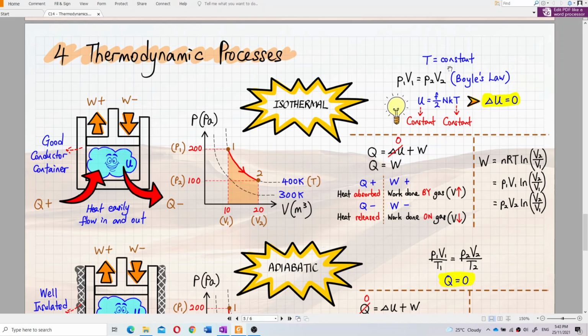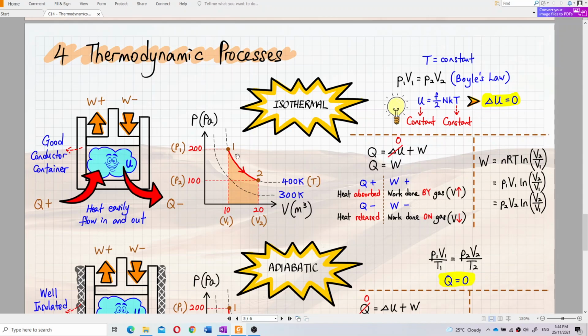So when temperature is constant, only the pressure and volume change. We have P1, V1, P2, V2. We can use Boyle's law. And then delta U is 0. The change of internal energy is 0. So when we apply the first law of thermodynamics, it becomes Q equal to W.